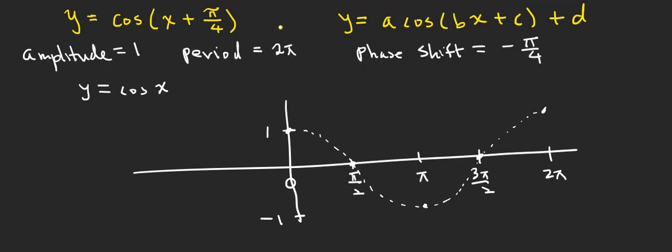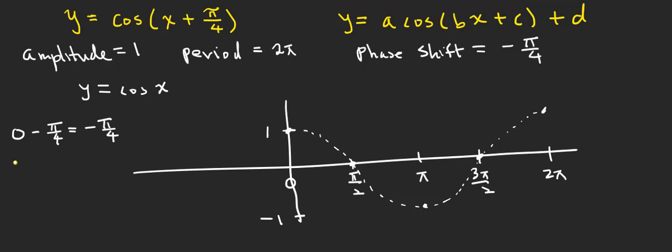However, our goal is to graph y equals cosine of quantity x plus pi over 4. And you have a horizontal shift, which is negative pi over 4. What you need to do is find new values. So let's find 0 minus pi over 4, which is negative pi over 4.